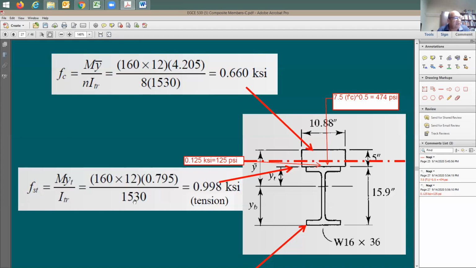And this moment of inertia assumes that the entire section is made out of steel. So when I find the stress at any location here, and if I use this equation, it's going to be based on this assumption that the section is made out of steel. But in reality, this little piece is going to be made out of concrete.